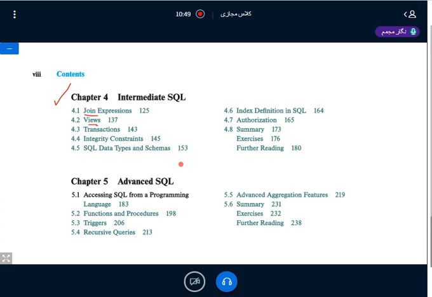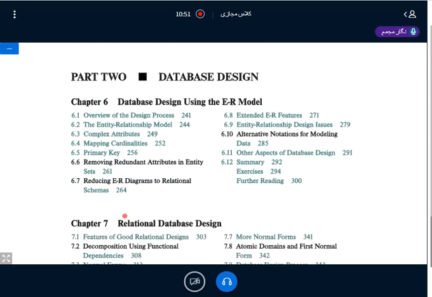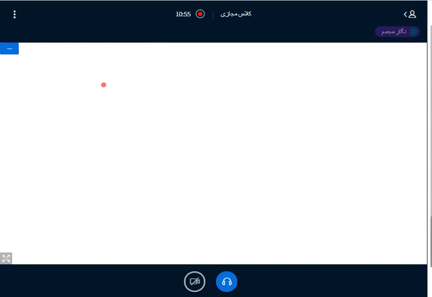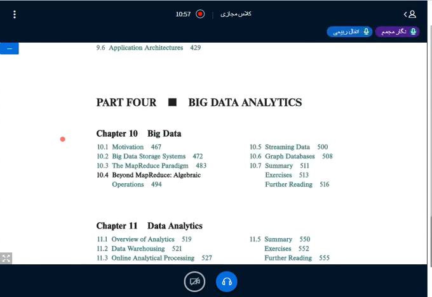And after this chapter, we go to chapter 10, big data. This chapter is very useful for choosing a topic for your thesis, databases about big data.